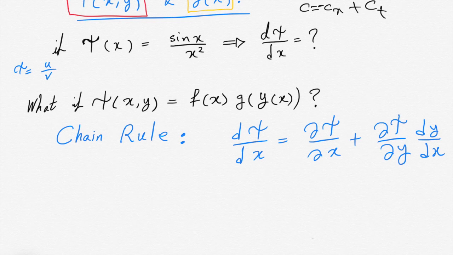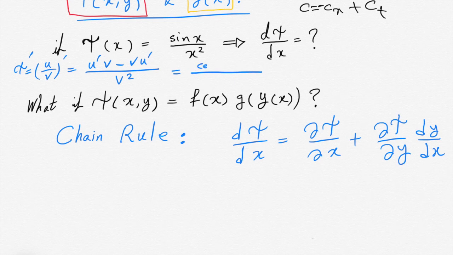So if we say that psi now here is equal to u over v, and psi prime will be u over v prime, which is equal to u prime v minus v prime u over v^2.